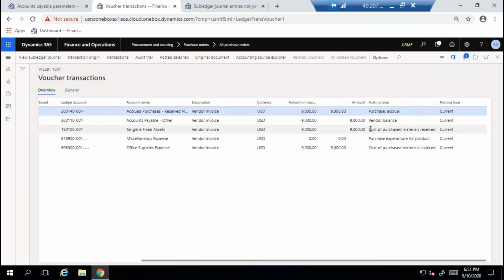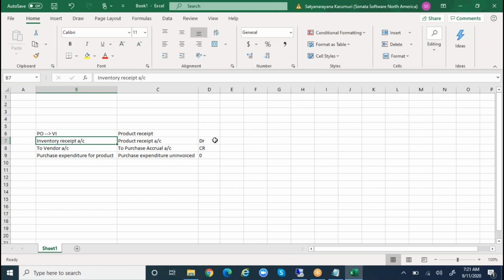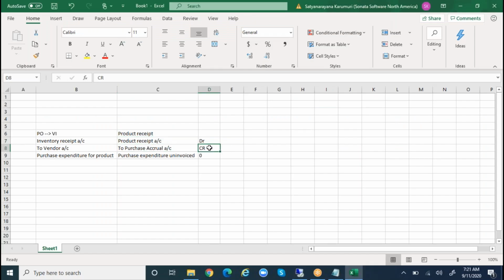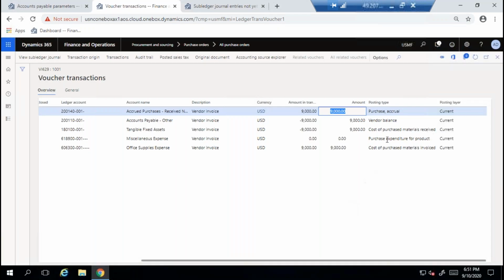Now look at this one. Cost of material received account, earlier it was debit, now it is credit. Purchase accrual, earlier it was credit, now it is debit. Understood?